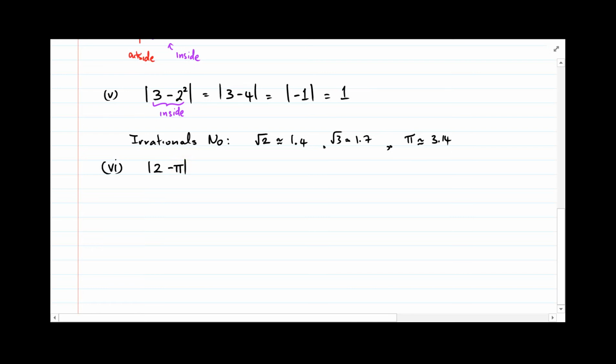Now I want you to write this without changing it to a decimal, right? So I want you to simplify by removing the absolute value symbol, all right? And do not estimate, or do not leave your answer as a decimal.